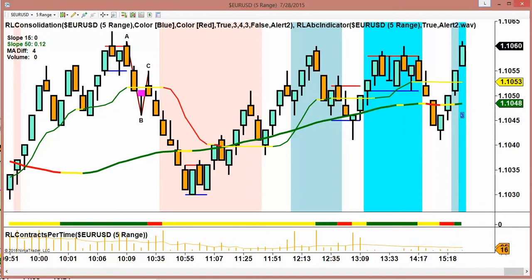Now, you'll notice that on the right side, this is a very, very actually complex indicator because that 30 is telling you the number of contracts that are crossing per minute. And it's telling you that on a range chart. And that was very difficult for us because we don't care how many contracts occur in a range bar.